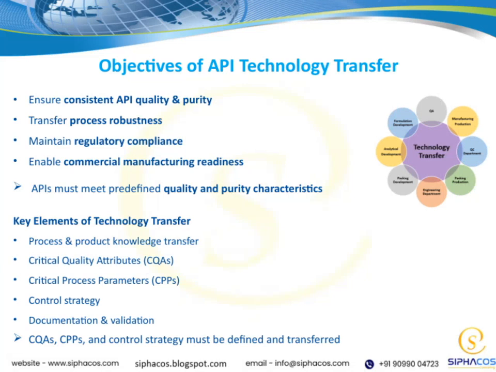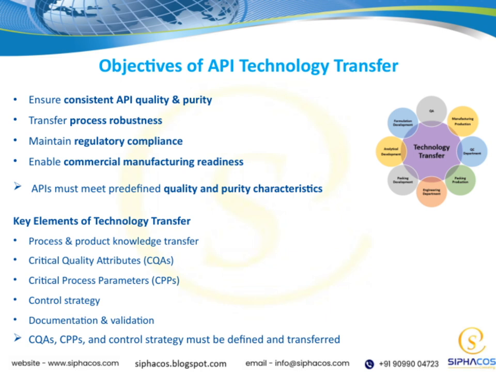Let's start by looking at the objectives of API technology transfer. The main goal here is to ensure that the active pharmaceutical ingredients, or APIs, maintain consistent quality and purity. This consistency is crucial for patient safety and product efficacy. Another key objective is to transfer process robustness, meaning the manufacturing process should be reliable and capable of producing the API within specified parameters every time.